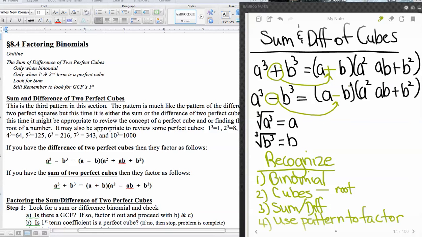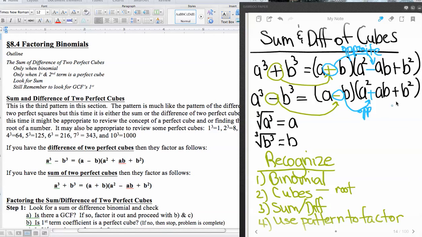And then, whatever that sign is, the opposite is going to go in here, into the middle of the trinomial. In the middle of the trinomial for the plus one, we get a minus. And then here, again, the opposite's going to go into the middle. So we had a negative one, and so here we're going to have a positive one. And that's what the patterns look like.